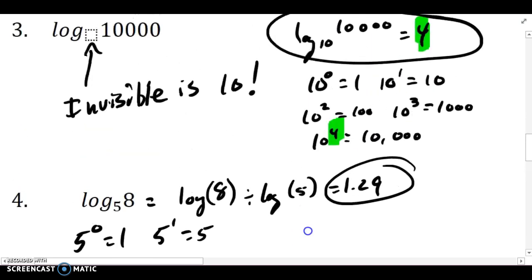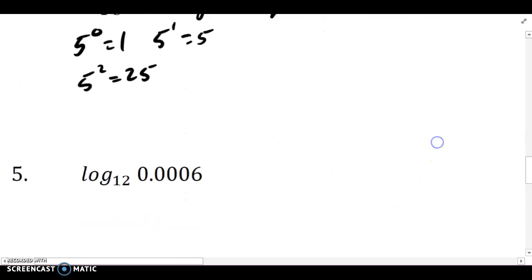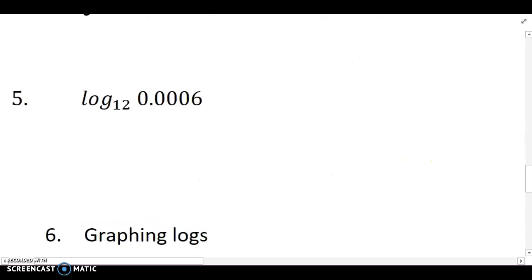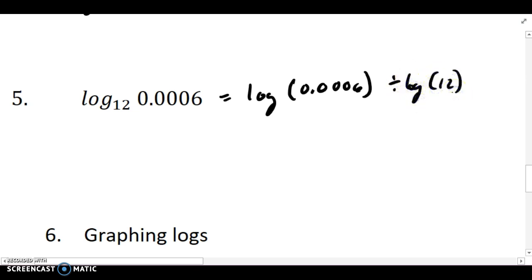So could you do that with all of these? Yes, you could. Okay, so we're going to do this one here. So the number on top is 0.0006 divided by the log of 12. So let's do that. Let's put it in the calculator.